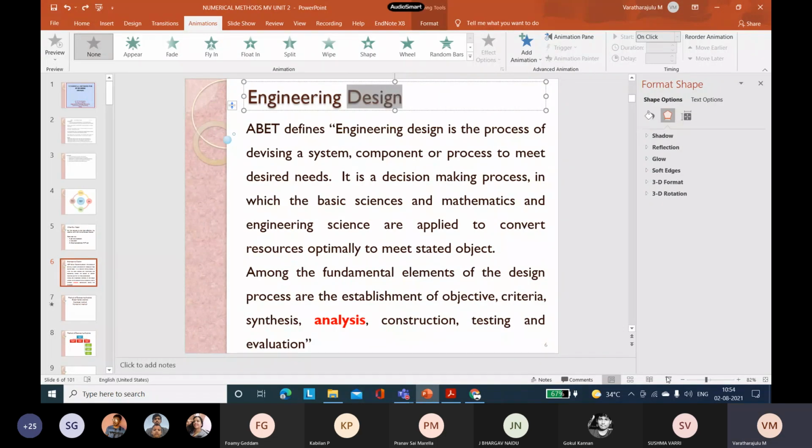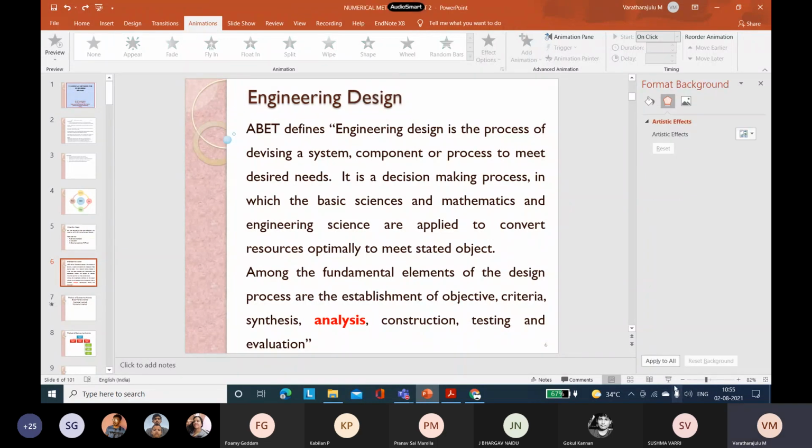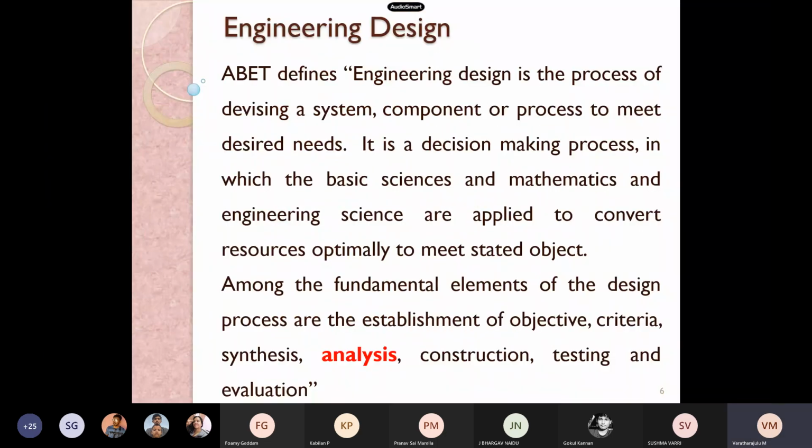During my energy and environmental class, I shared about the definition of engineering. What is the need to study engineering? Like that, we discussed during energy and environmental.